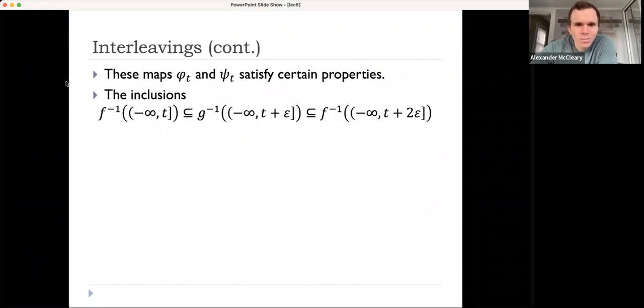Right, we actually get a string of inclusions here. The sublevel set for f at t is going to be contained inside the sublevel set for g at t plus epsilon, and that is going to be contained inside the sublevel set for f at t plus 2 epsilon.